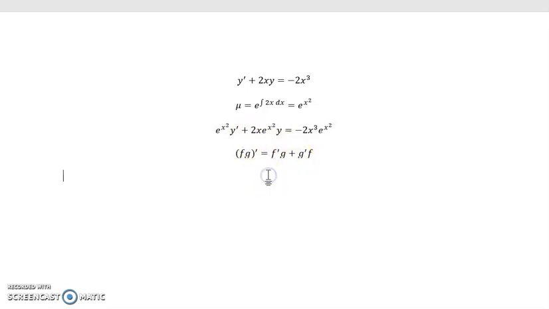And so this side of the equation is just going to become (e to the x squared y) all of that primed. And then the other side of the equation will just be this guy.